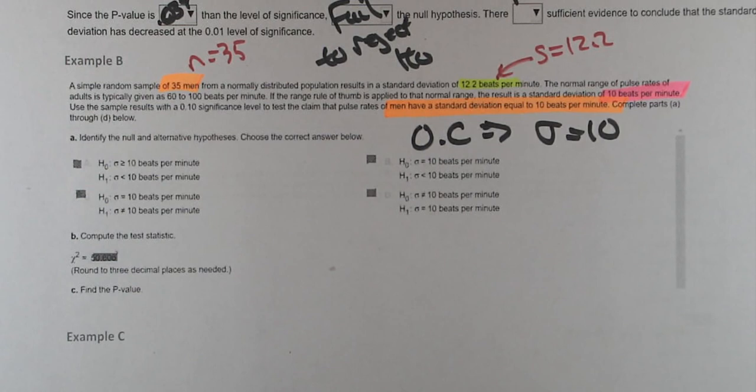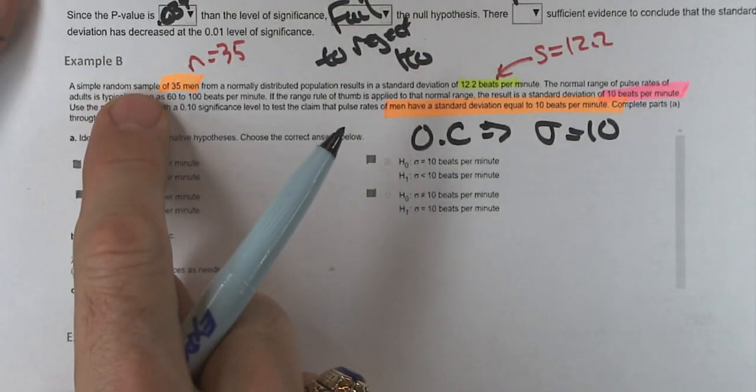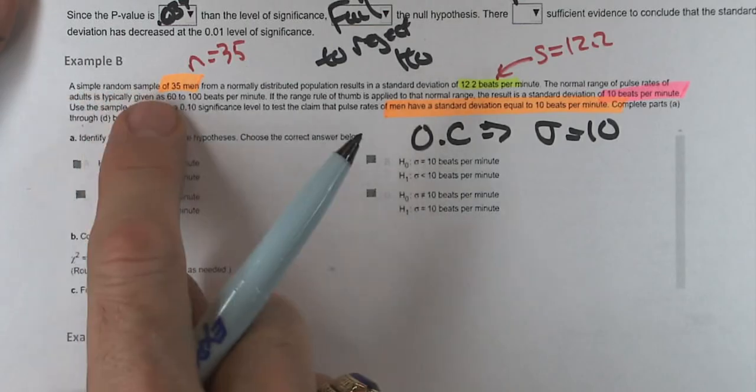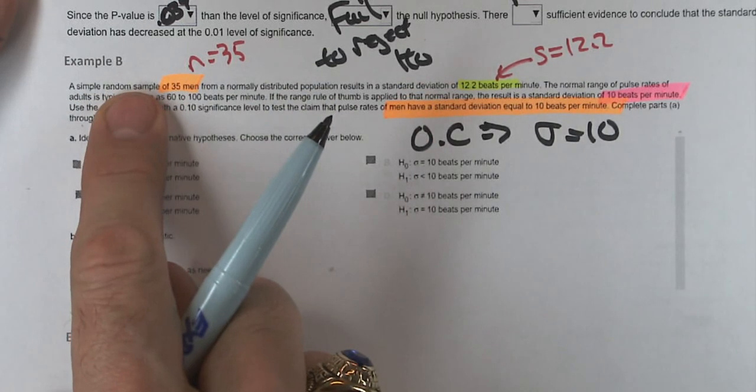I have a question. Yes. I'm a bit confused why 12.2 is a sample standard deviation, because the verbiage said a simple random sample right there. Okay, but this pertains to the sample, not to the population.